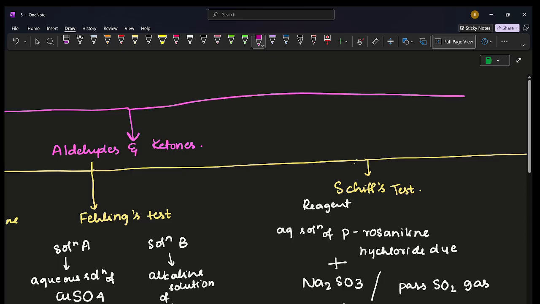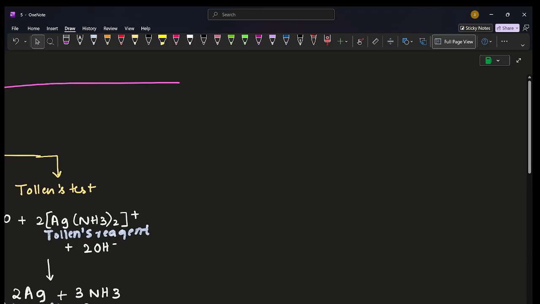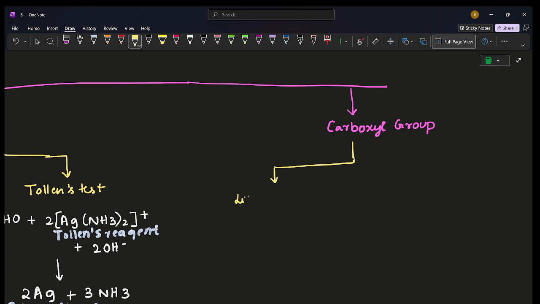Next group, which is carboxylic group. So we have carboxyl group. In carboxyl group, the first one we have is litmus test.